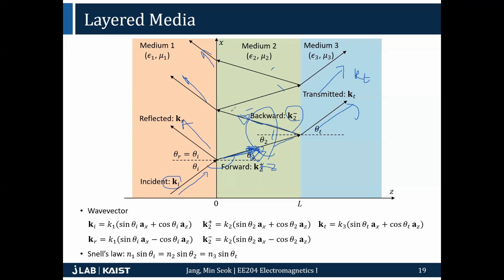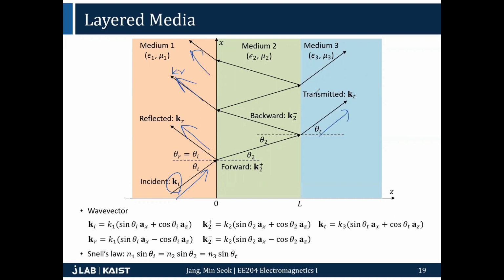right? So in summary, no matter how many reflection events occur, there are only 5 waves: incident wave with ki, reflected waves with kr, transmitted waves with kt, and then in the middle you have k2 plus and k2 minus, forward mode and backward mode, right? And then you know that superposition is allowed.